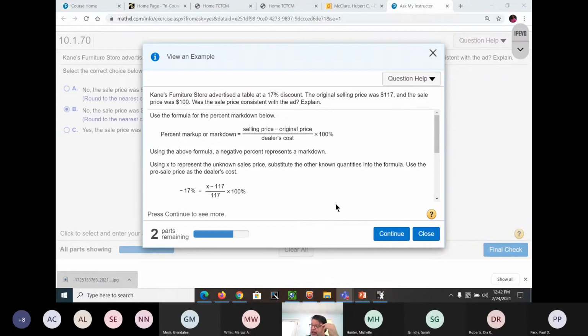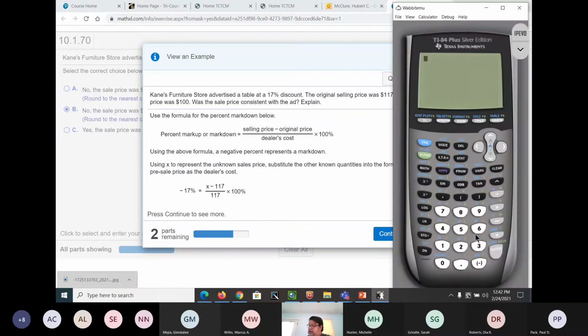Multiply both sides by 117. And that's X minus 117 is equal to, well, we're going to take our calculator and we're going to take 117 times 0.17. 19.89.